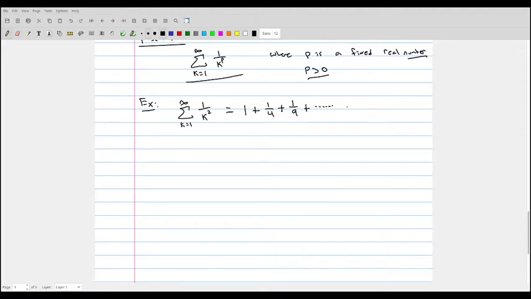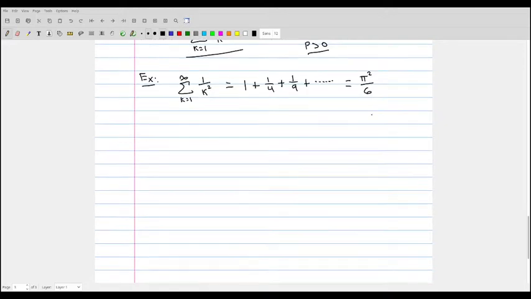And it turns out that there are a couple different methods to actually show, it's not easy, that this converges to the value pi squared over 6. But the series with p equals 1, or the sum of 1 over k, diverges.